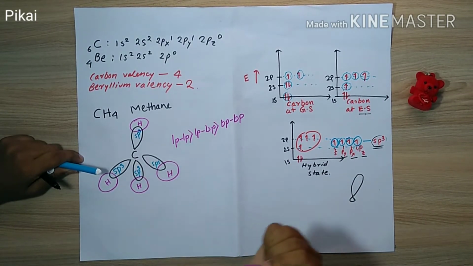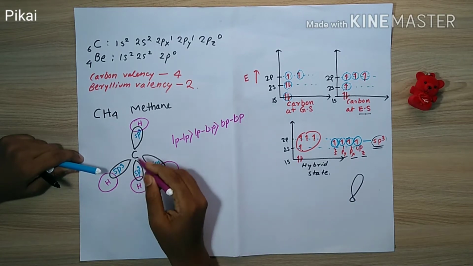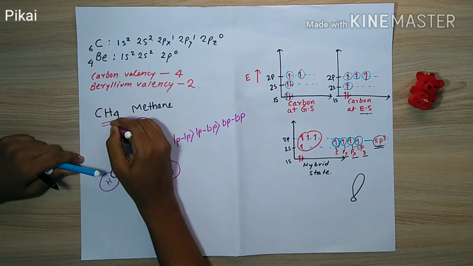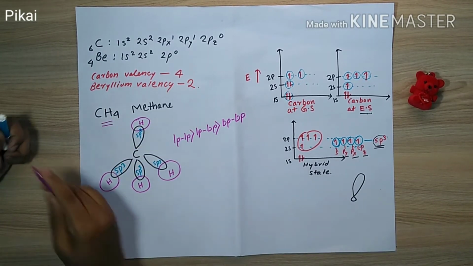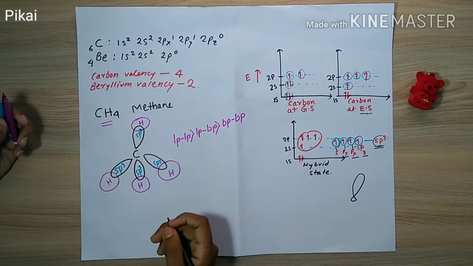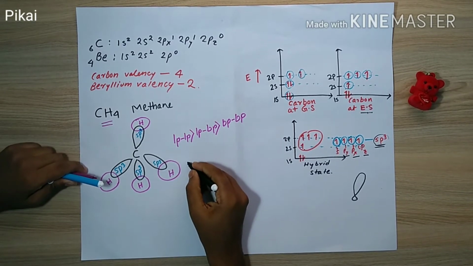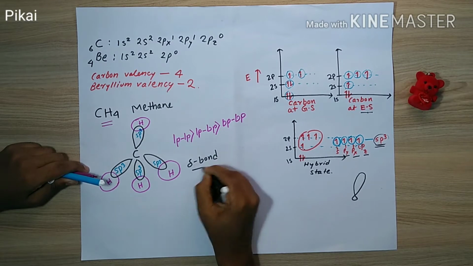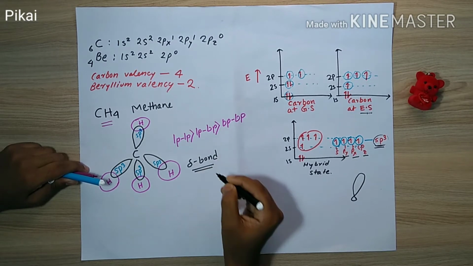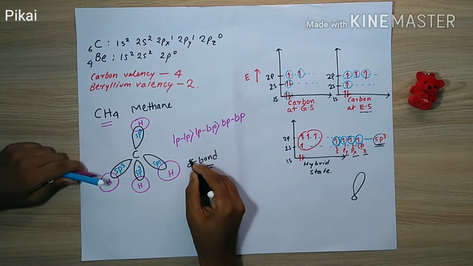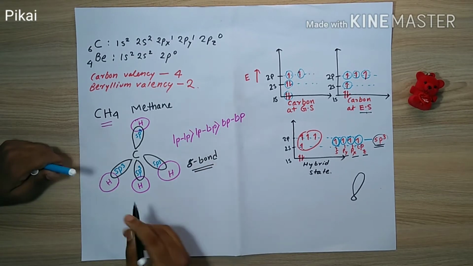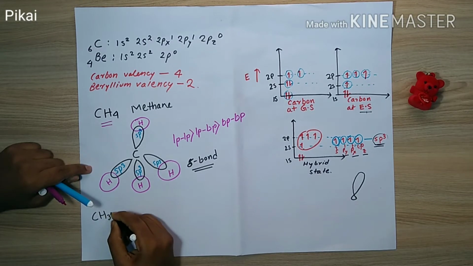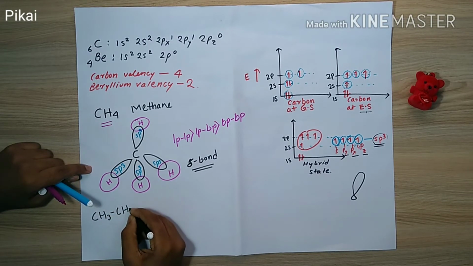So we have the structure of methane where the hydrogen is bonded with the sp3 hybridized orbital, and this is a sigma bond. This hydrogen has one s1 orbital which overlaps with the sp3 orbital.